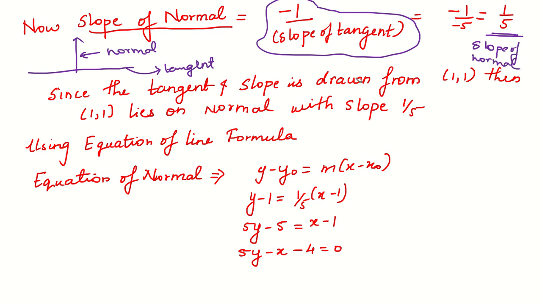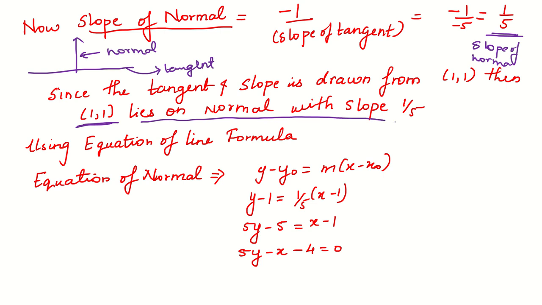Okay, now next. Since the tangent and the normal are drawn at 1 comma 1, the point 1 comma 1 lies on the normal with slope 1 upon 5. That is, we have on the normal a point plus the slope given.